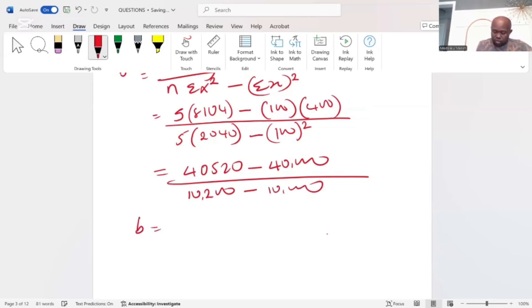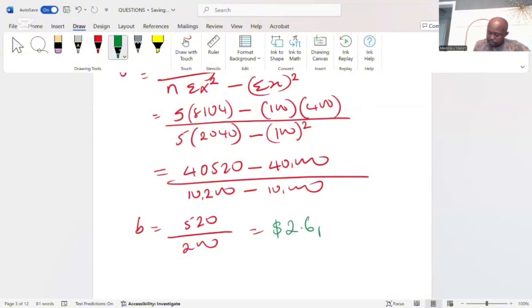So b is equal to numerator 520 divided by denominator 200. This will be 2.6 per unit. So we got our b.